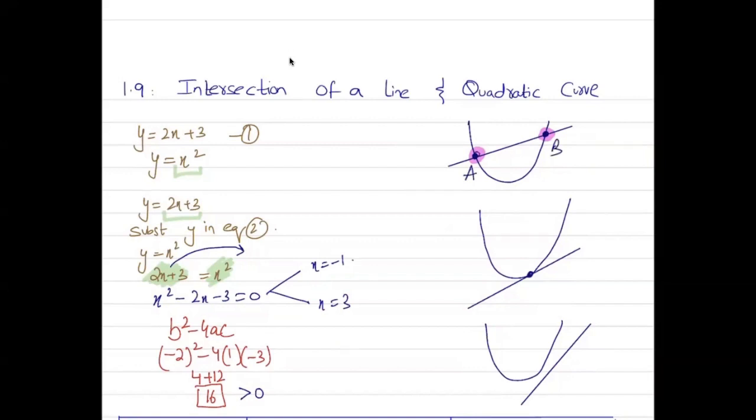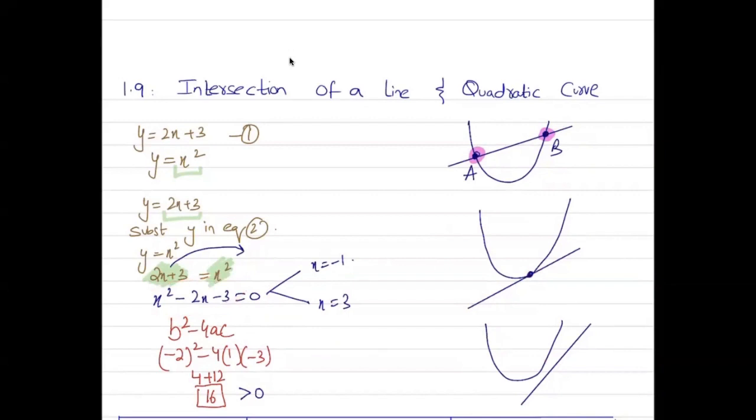But let's say the question is not asking you to find the intersection point, and I just ask you to find the nature of the intersection point, like whether the line is going to intersect the curve at two different points or one point or will not intersect at all. So you can use the concept of discriminant.